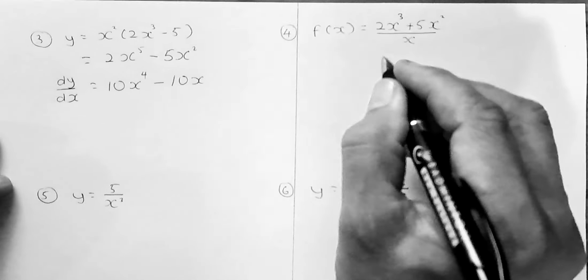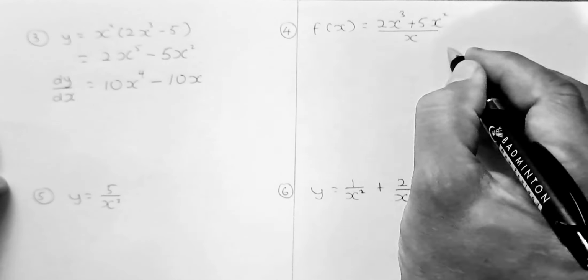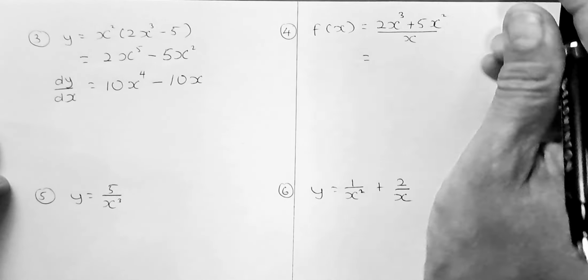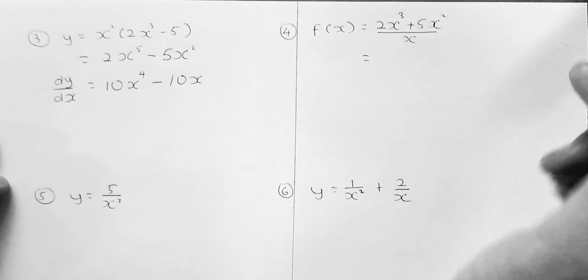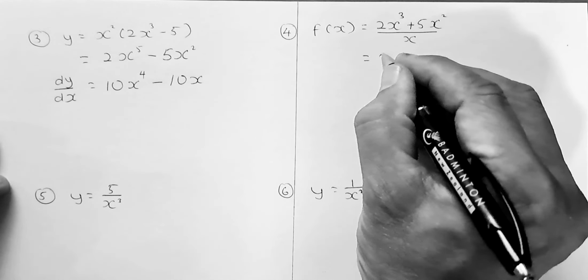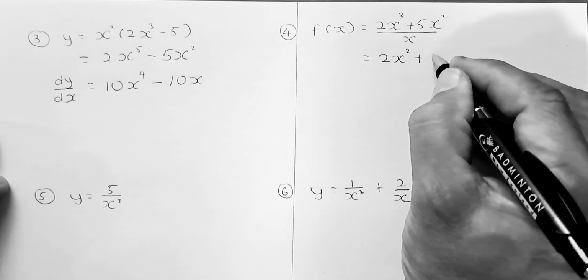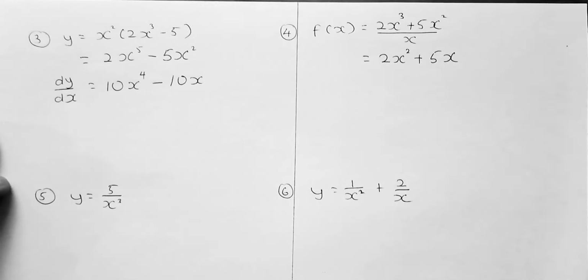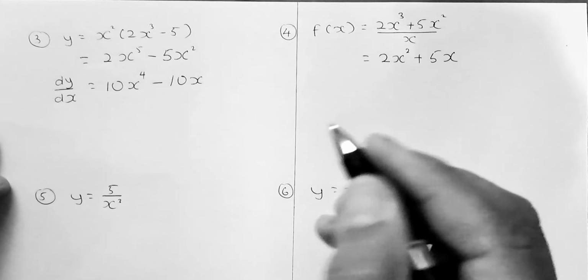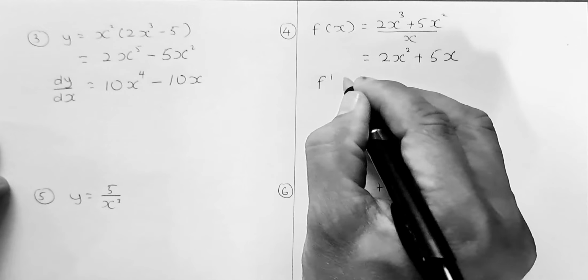Okay, now we look at number 4. Now we have a function, f(x), so we simplify this function first. You can break them down, this and that. So 2x^3 divided by x is actually 2x^2. And then 5x^2 divided by x is going to be 5x. Just one term after another. Now you can differentiate. The term you use is f'(x).